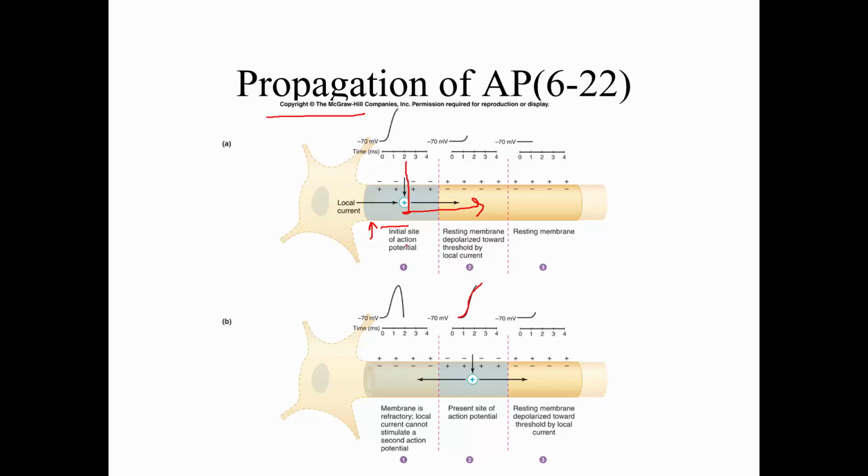Because this area is still refractory, you can't get another action potential until the refractory period is over. So this allows current to go down the axon.